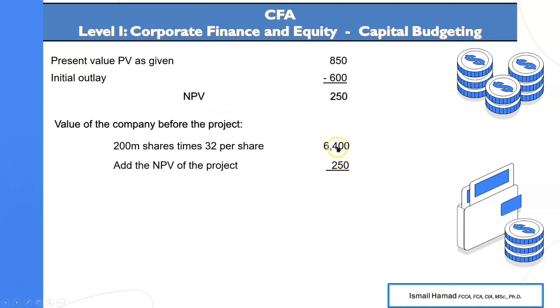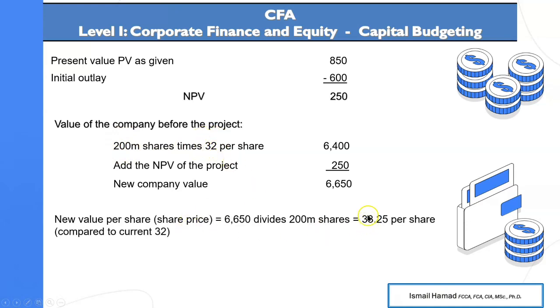We get theoretically a value of 6,650 million for the company. We divide this by the number of shares to get the new value for the share, which is 33.25 compared to the previous value of 32. So we created value for shareholders by investing in a project that has a positive net present value.